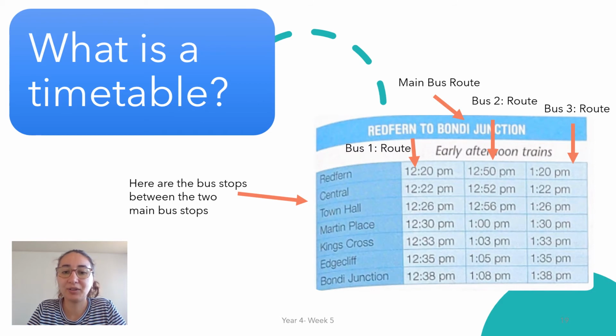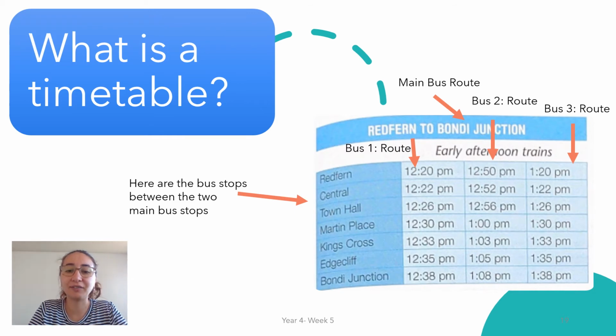So if we have a look on this table, it says Redfern to Bondi Junction is the route. So basically this bus will always start from Redfern and it will always end up at Bondi Junction. That's what we take from the heading.